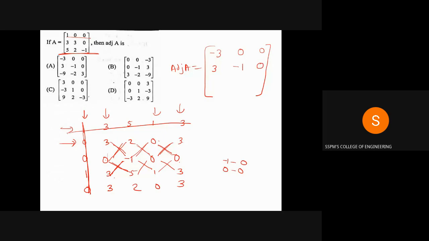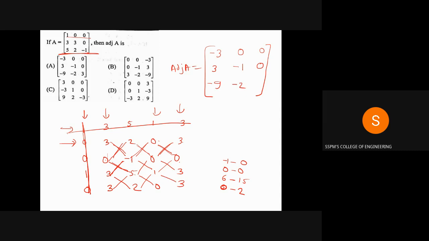Now for the last row, we will calculate the determinant in last columns. Therefore 3 into 2 is equal to 6, minus 5 into 3 it is 15. What is 6 minus 15? It is minus 9. For second element of third row, find this. 5 into 0 it is 0, minus 1 into 2 it is 2. 0 minus 2 is equal to minus 2.